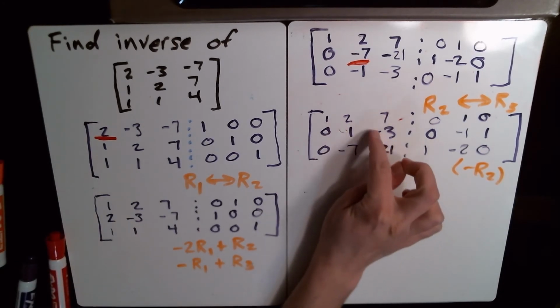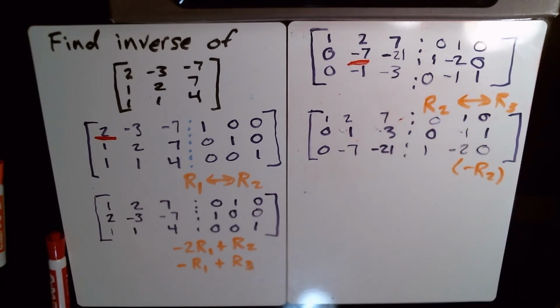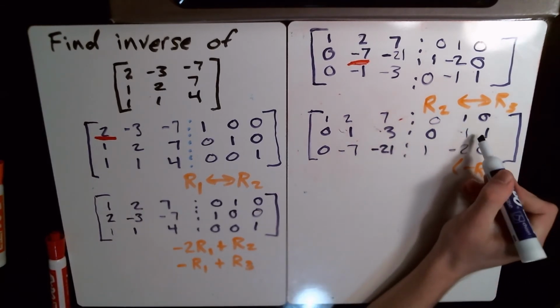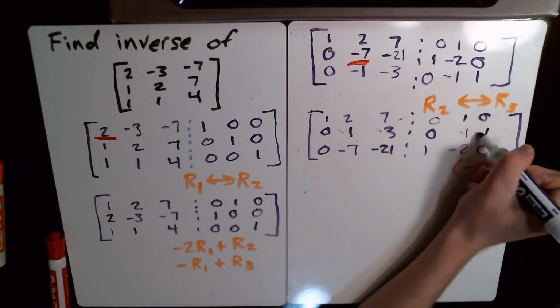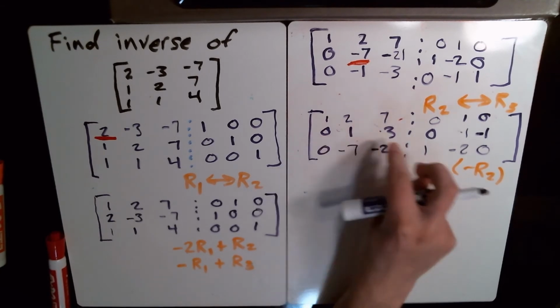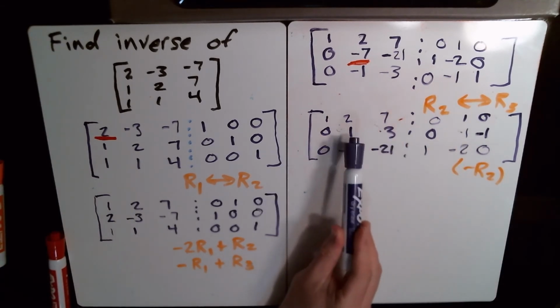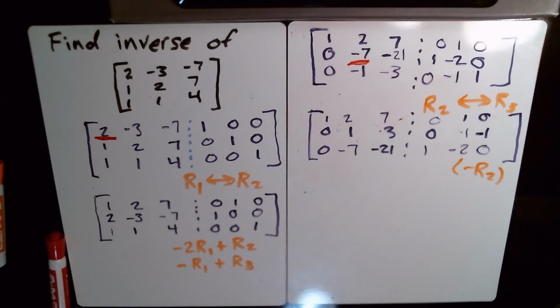So I times by a negative, so I'm just going to switch all these signs here so that I get a +1. Okay. So I just times the whole row by a negative so that I have a positive 1 there where I wanted there to be a positive 1. Okay?